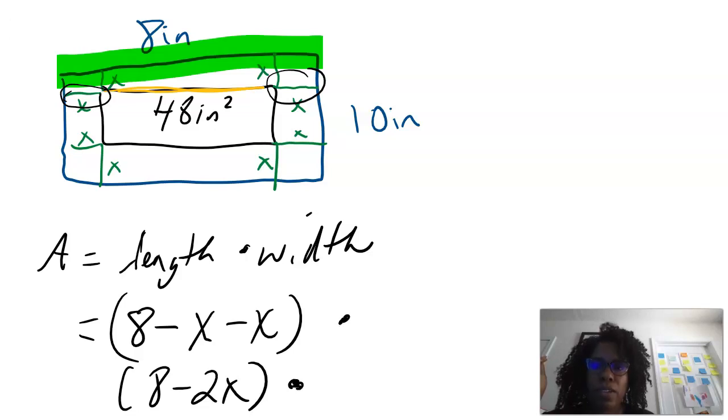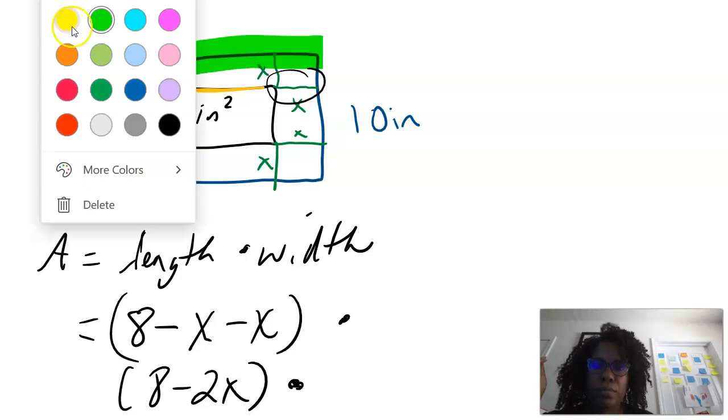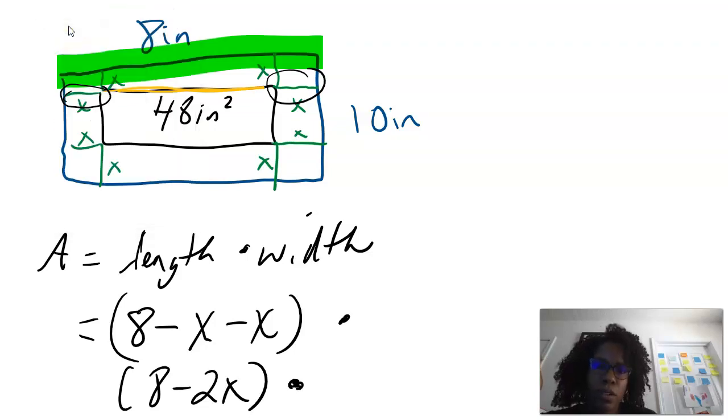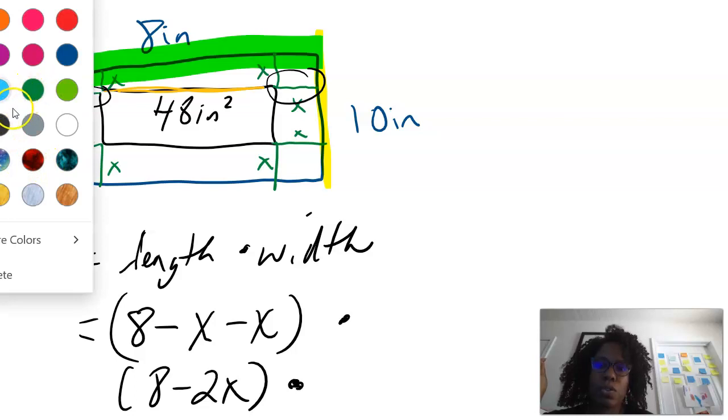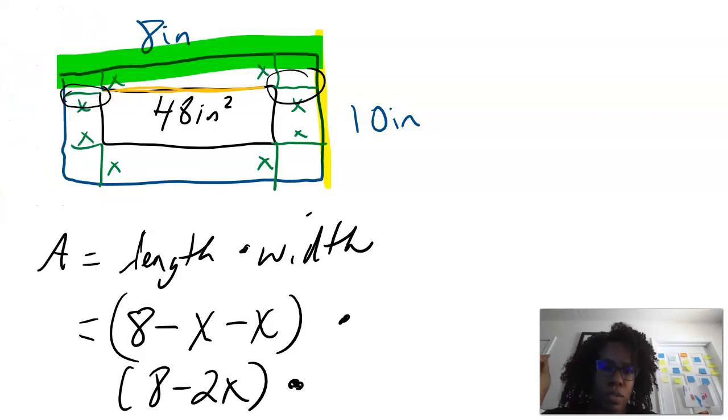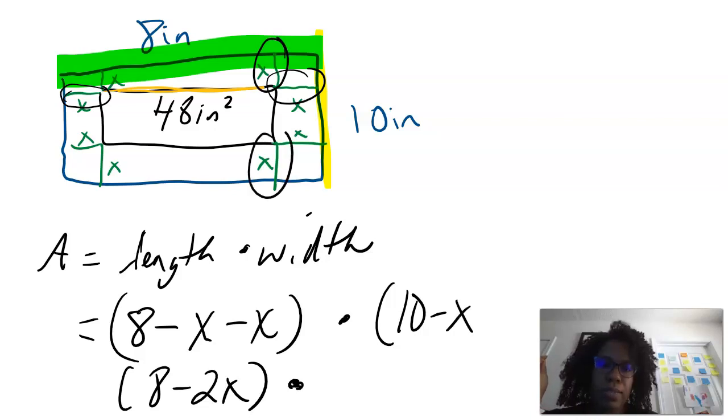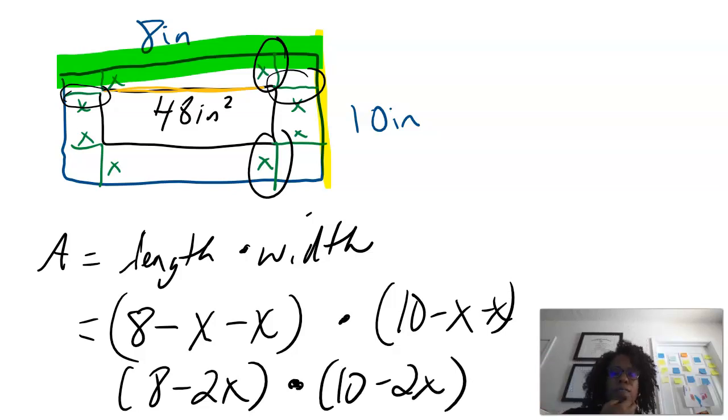For our width, I'm going to use a different color. It's going this way, we have 10 inches. But again, we are talking about the glass on the inside, finding its dimensions. So we'll do 10 minus x minus x. So that's 10 minus 2x.